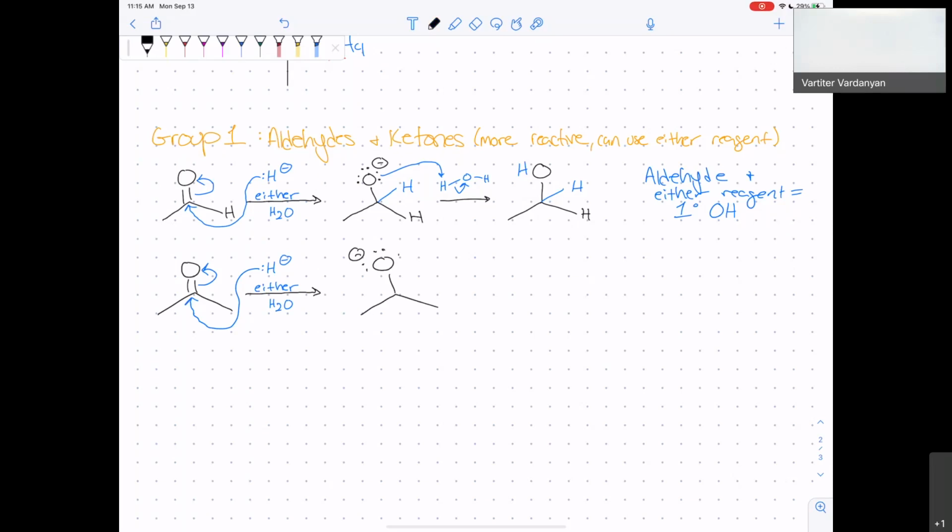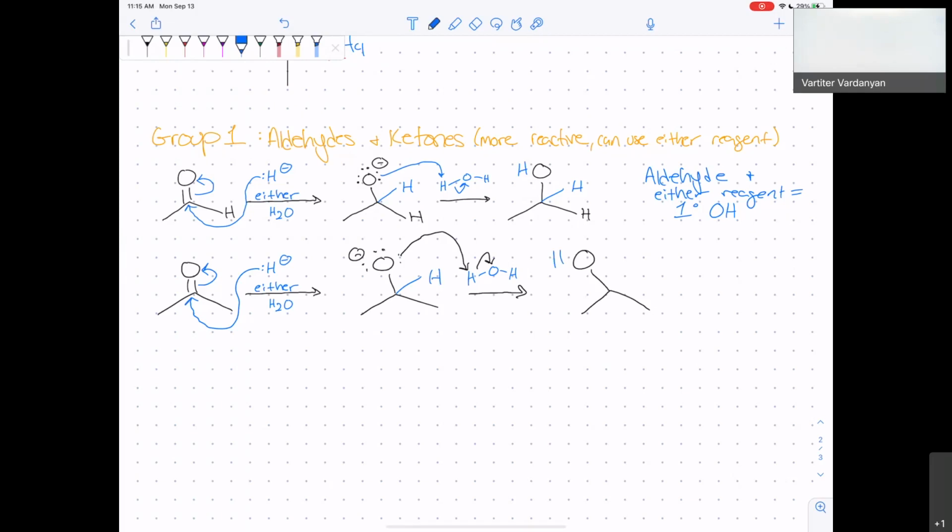So what do you think we could possibly do at this point? Protonate. Cool. Okay. So this O is going to steal a hydrogen, give those electrons back to the oxygen, and now we get an alcohol.